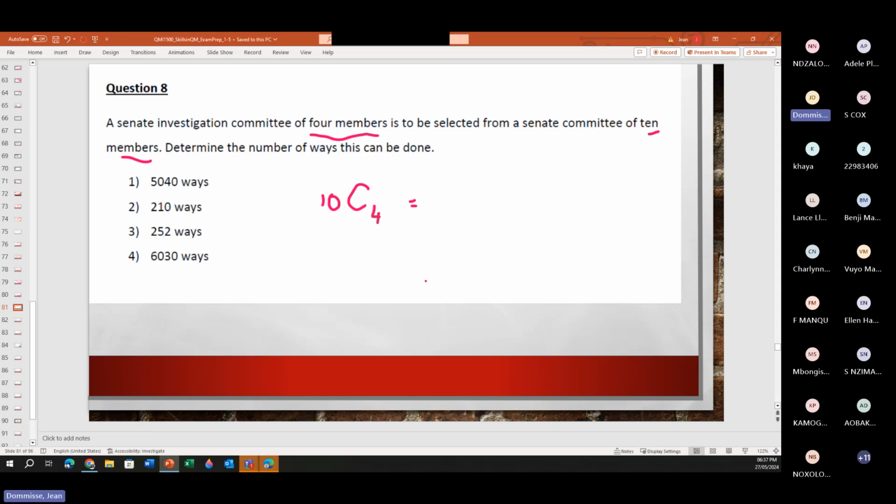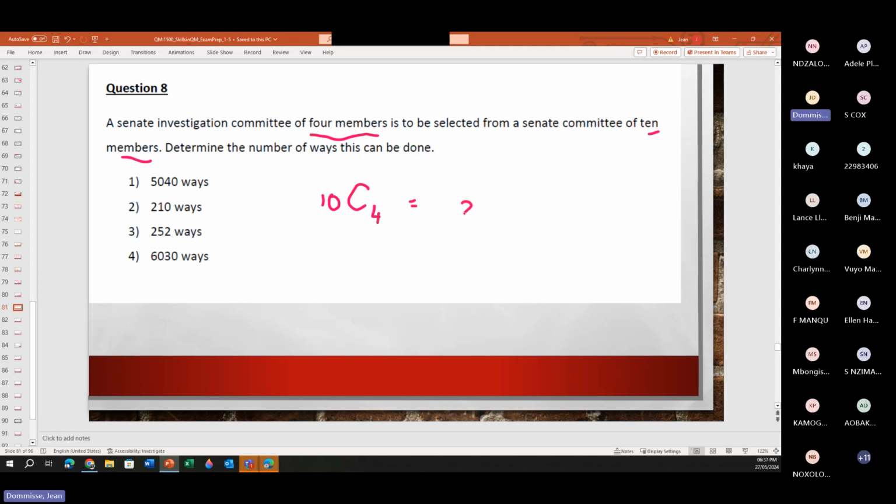If it was 8, I would automatically have said it needs to be less. Combinations are always less than permutations, but let me first see what it is when we increase now to 10.